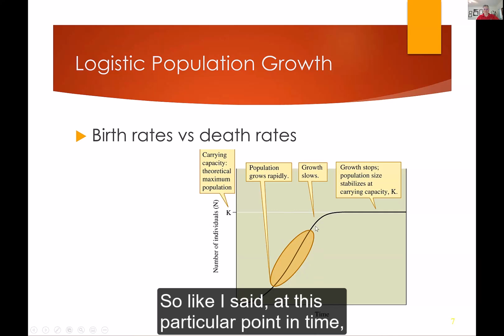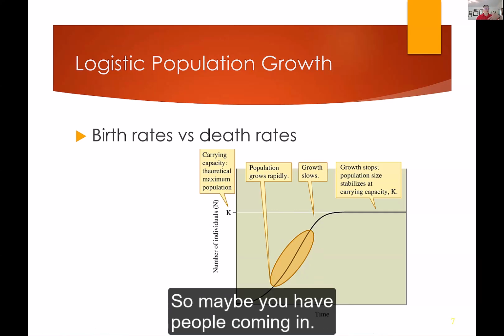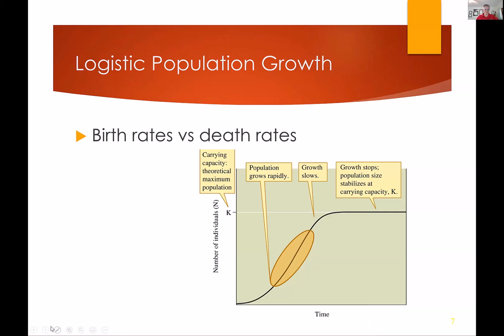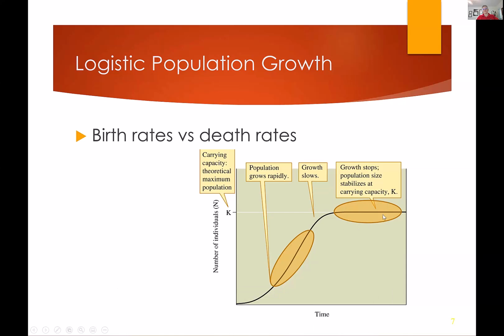So like I said, at this particular point in time, we have unlimited resources. So maybe you have people coming in and birth rates would be exceeding your death rates. What happens when we get over to this point on the curve?